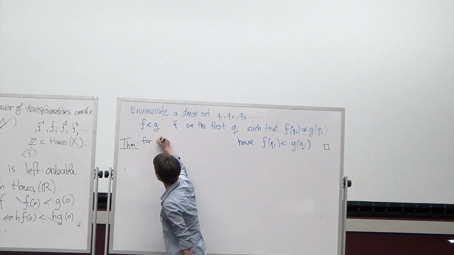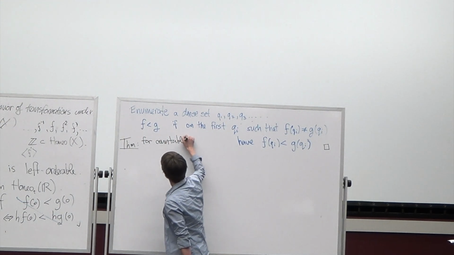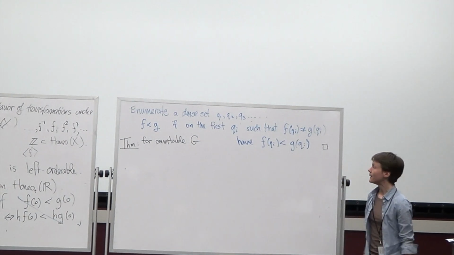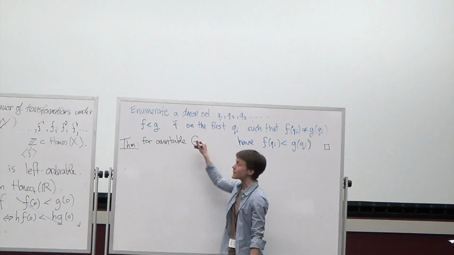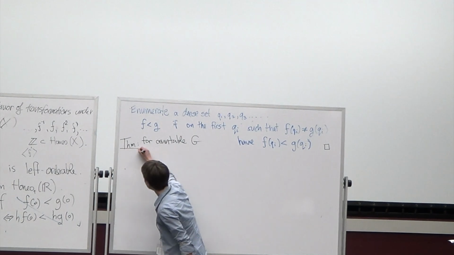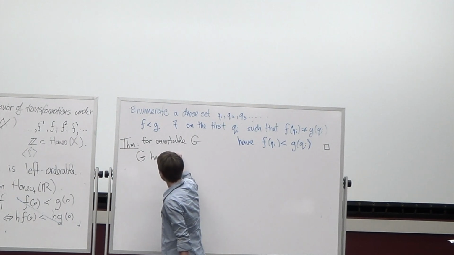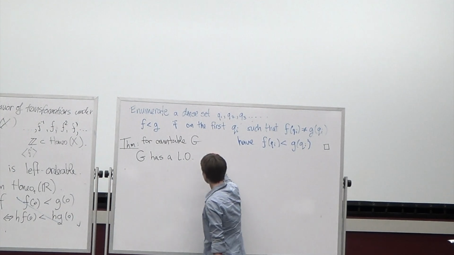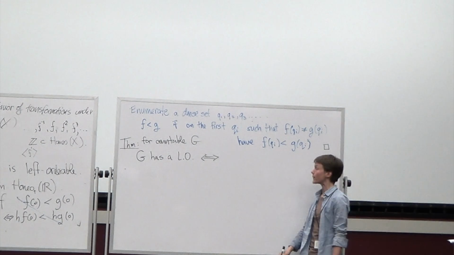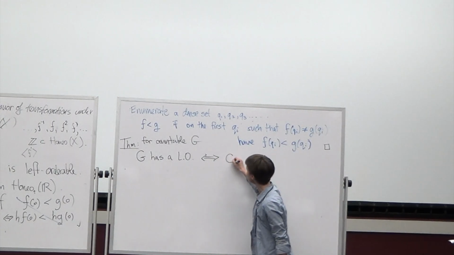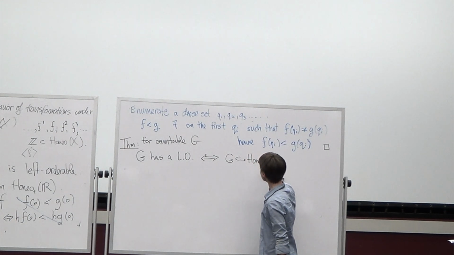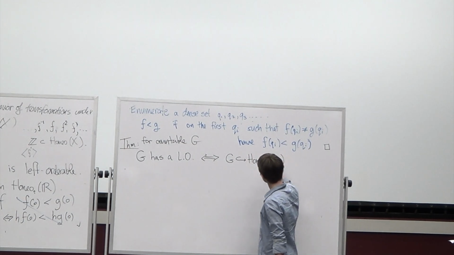If you take countable groups, so for instance anything finitely generated, fundamental groups of nice spaces, things you might be interested in for other reasons in your life, for a countable group, having a left order is equivalent to acting on the line by homeomorphisms. So this is equivalent to G embedding as a subgroup of homeomorphisms of the line, preserving orientation.